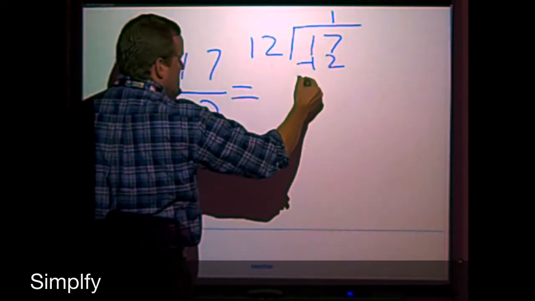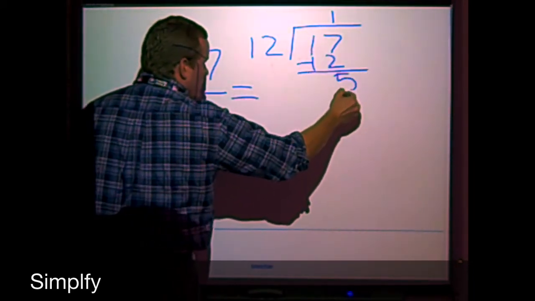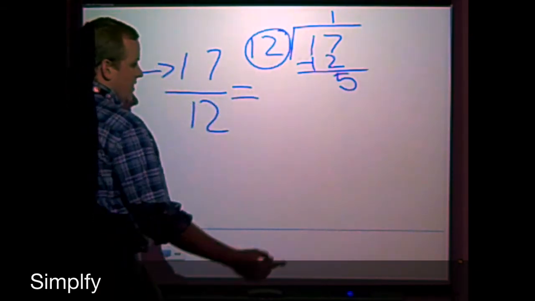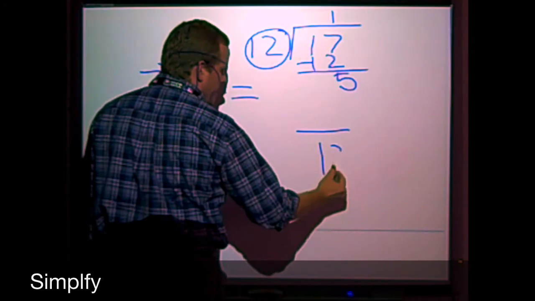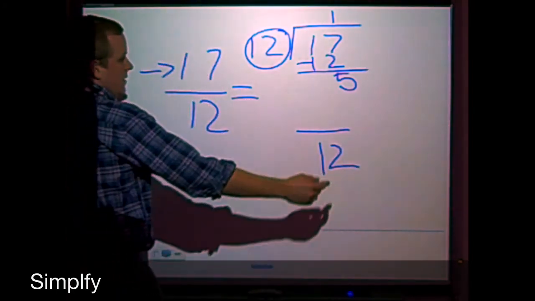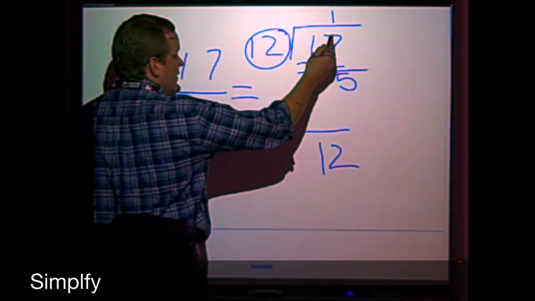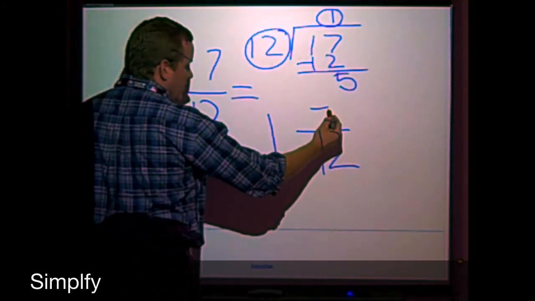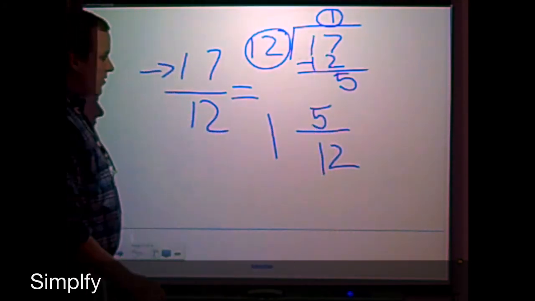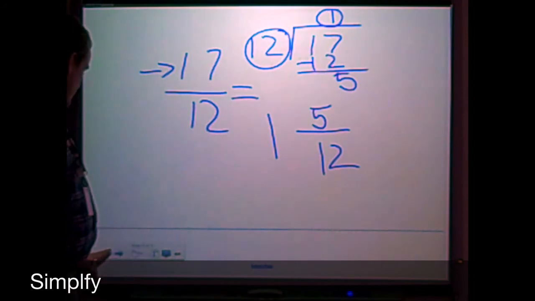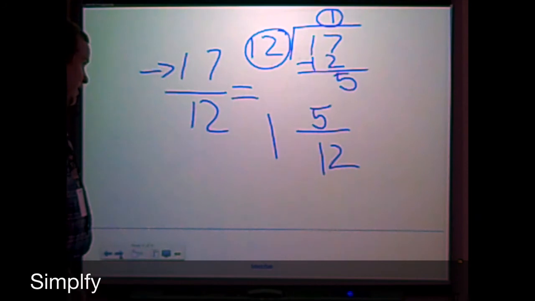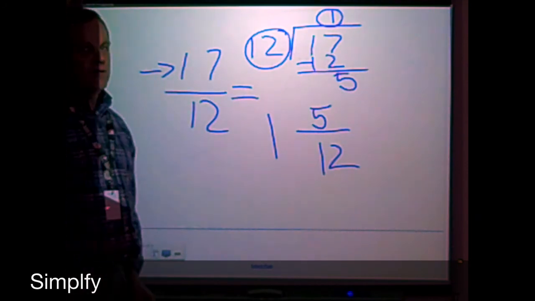I subtract. We have 5, and 12 will stay as our denominator. We'll have 1 whole here, and our remainder will become our numerator. So in turn, we started with the problem 2/3 plus 3/4, and we ended with 1 5/12.